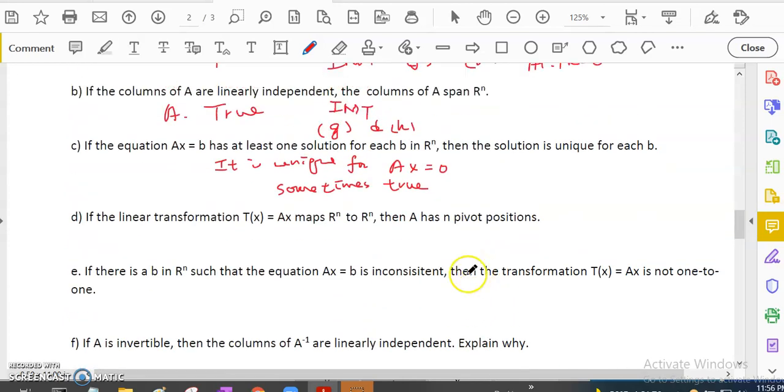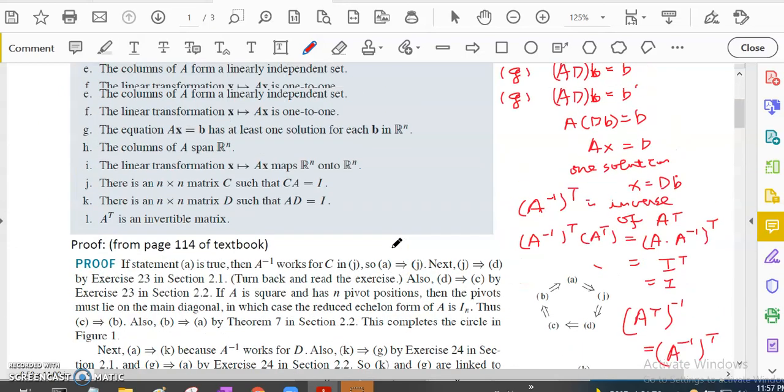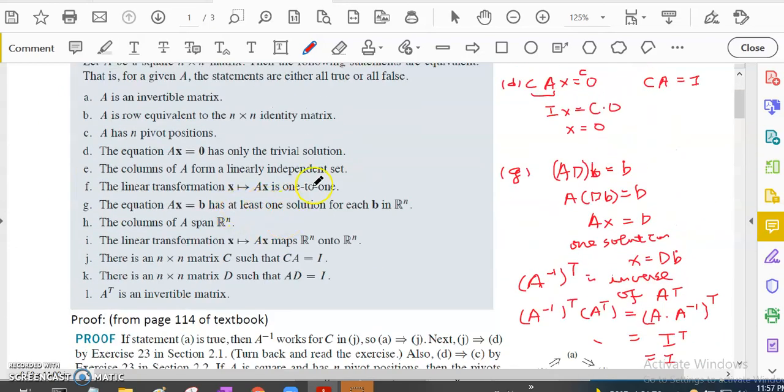Is this unique for each b? If the linear transformation is onto and they say it is 1-to-1, it maps onto, right?